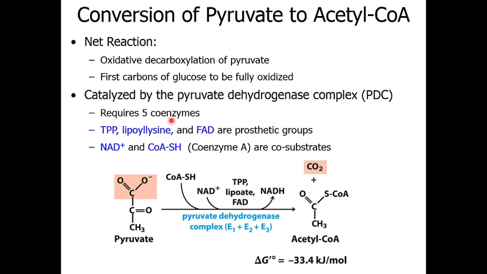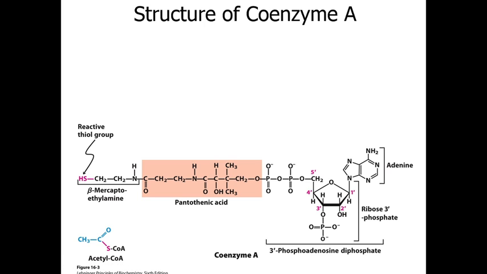This requires 5 coenzymes: TPP, or thiamine pyrophosphate, lipoyllysine, and FAD are prosthetic groups. NAD+ and Coenzyme A are co-substrates or cofactors in this case. The structure of coenzyme A is shown here.